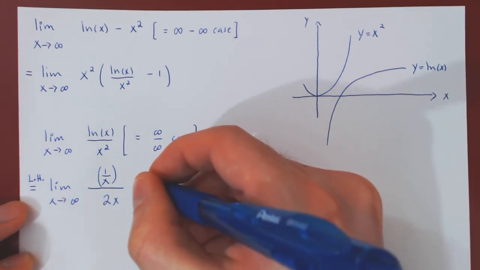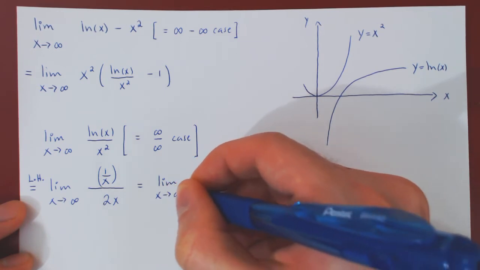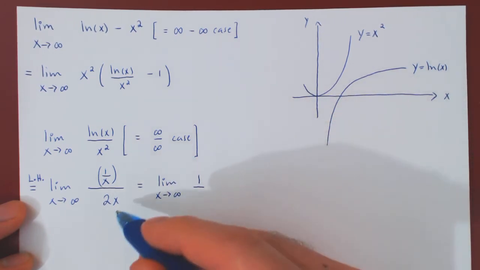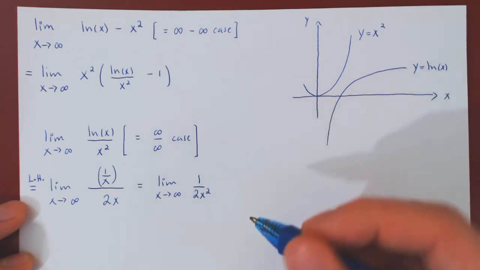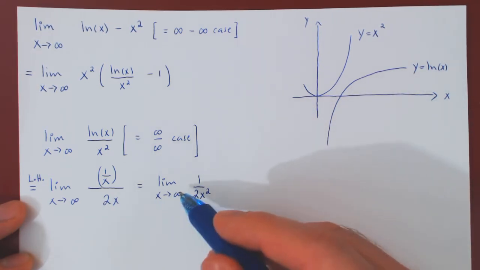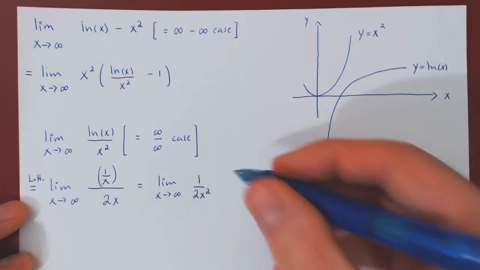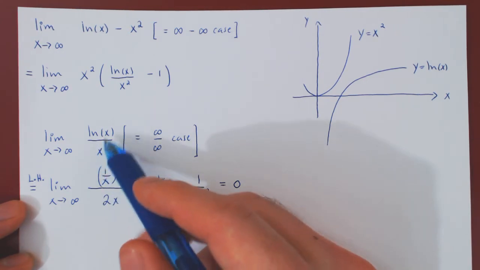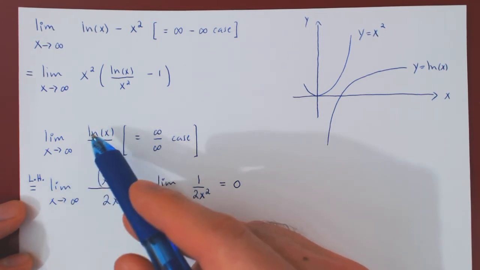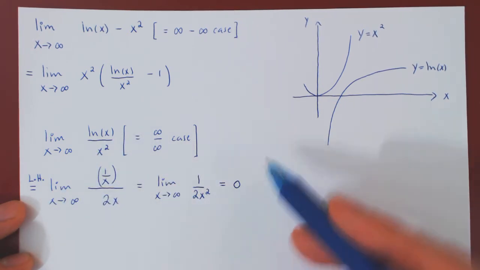If we simplify, we have quite simply 1 over 2x squared. And now the limit is trivial. As x goes to infinity, 2x squared goes to infinity, and so 1 over infinity shrinks to 0. And so you see, as x tends to infinity, ln of x over x squared, by L'Hopital's rule, does shrink to 0.